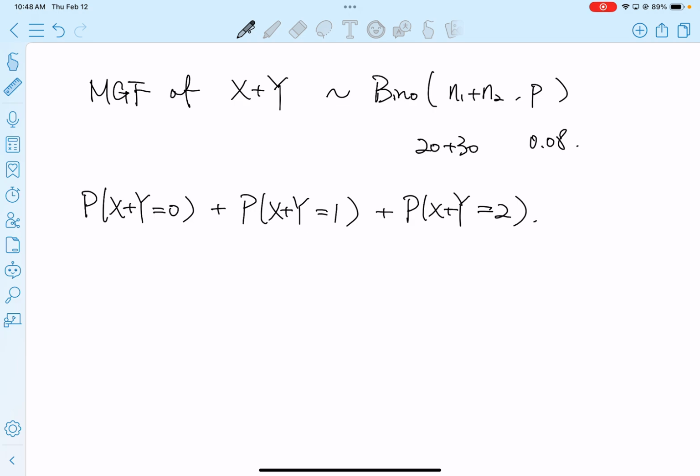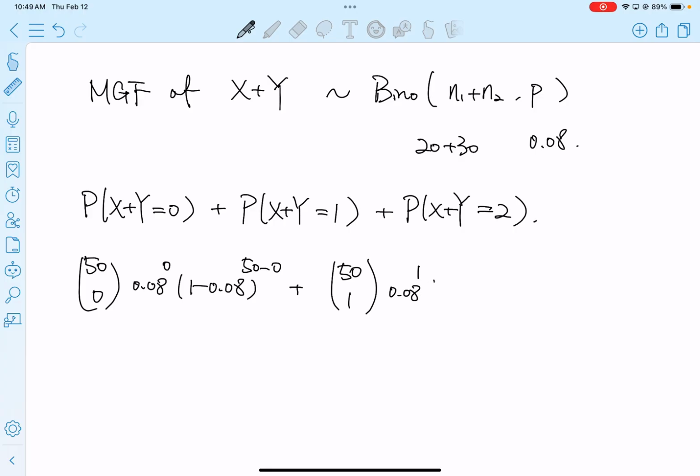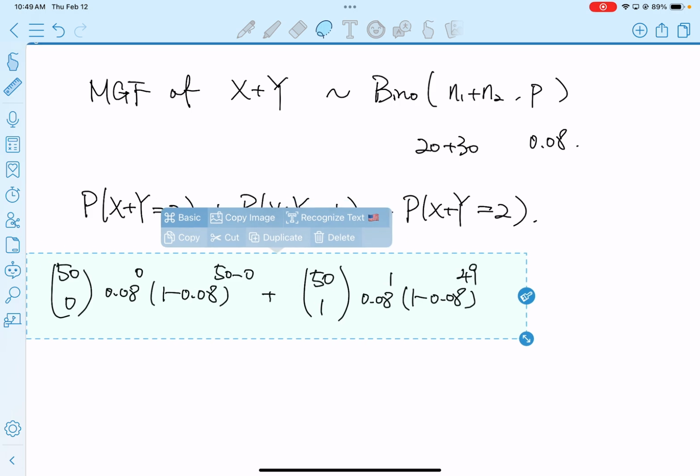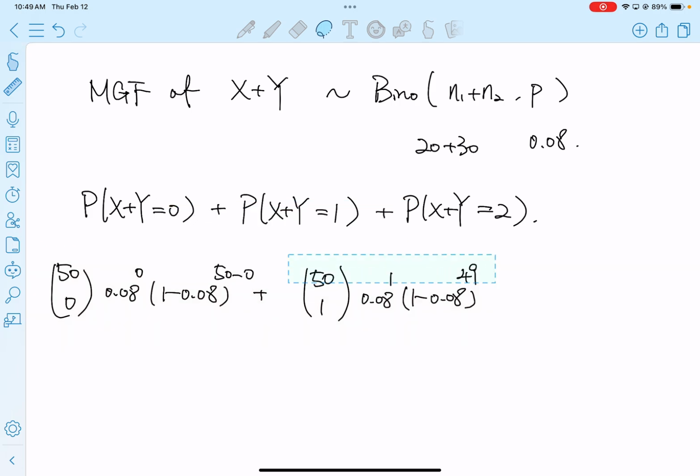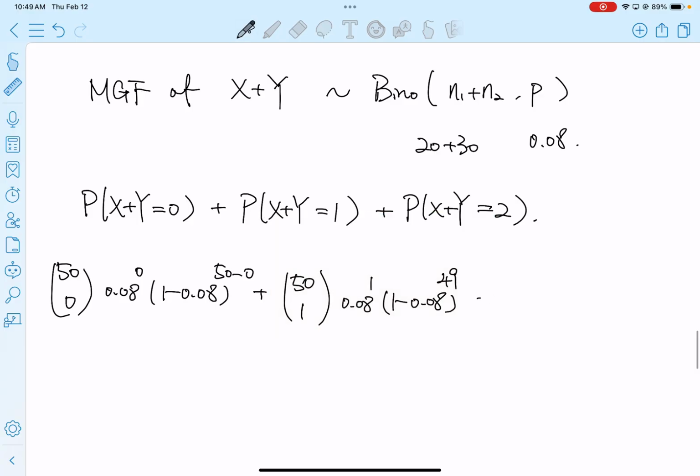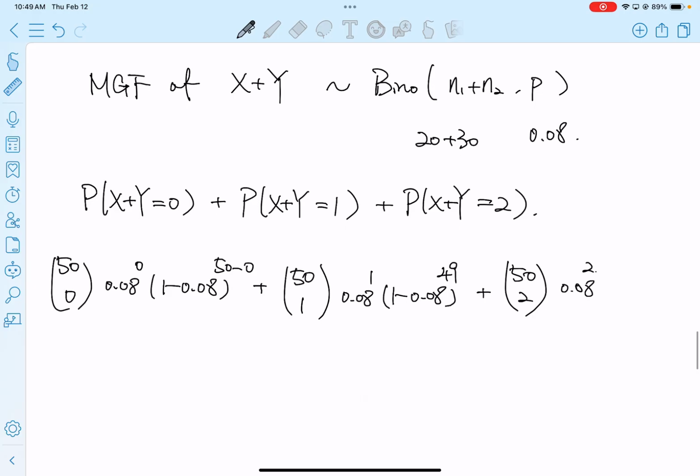Using the binomial mass function: 50 choose 0, 0.08 to the power of 0, 1 minus 0.08 to the 50 minus 0, plus the case for 50 choosing one of them defective, 0.08, and 1 minus that to the 49 for non-defective, plus 50 choose exactly two of them defective, 0.08 squared, and 48 of them non-defective.